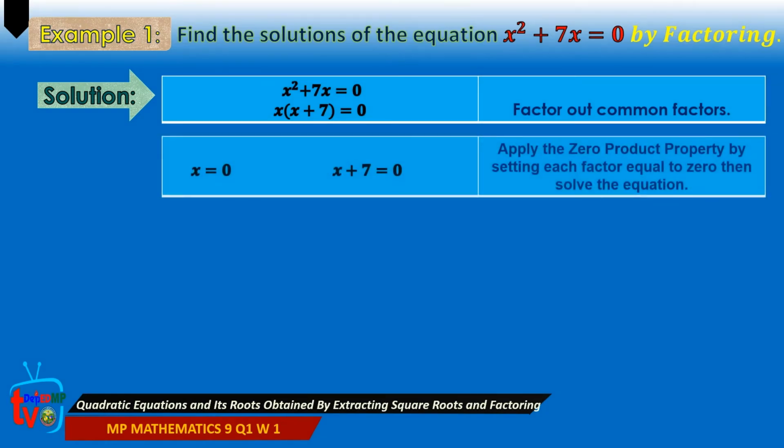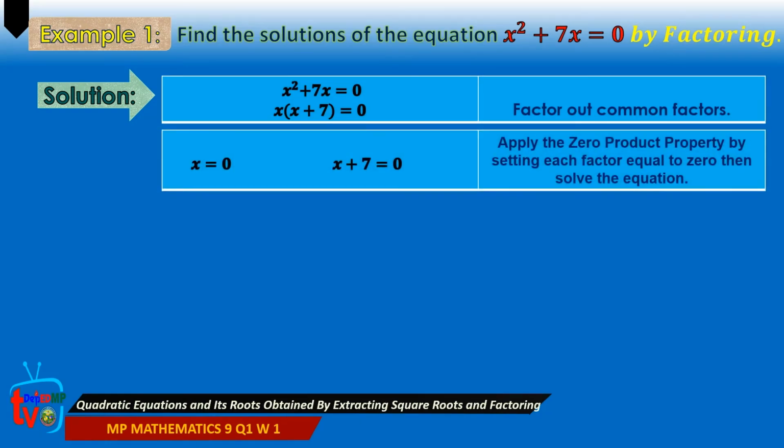And then we are going to apply the zero product property by setting each factor of the quadratic equation equal to 0, then solve the equation. The first factor is x. We equate it to 0, so we have x is equal to 0. Next, the second factor is x plus 7.